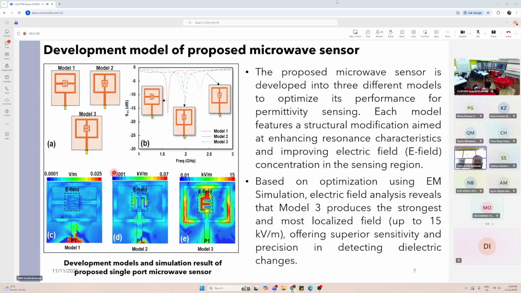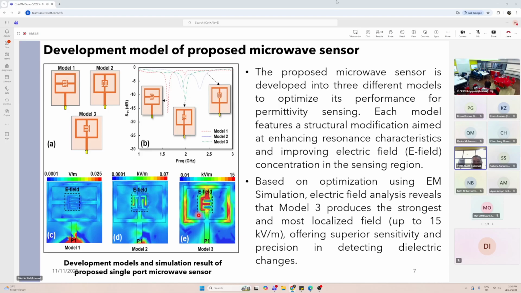Okay, and this is the development model. So we also iterate the location of the sensing area. This is model 1, this is model 2, and model 3. We also analyze based on the S11 and the resonance frequency, and we also analyze the E-field concentration.